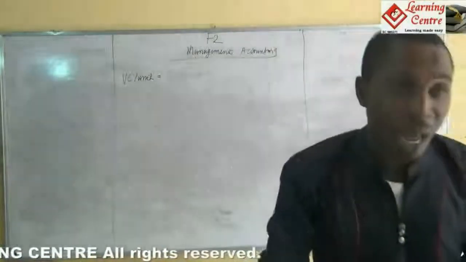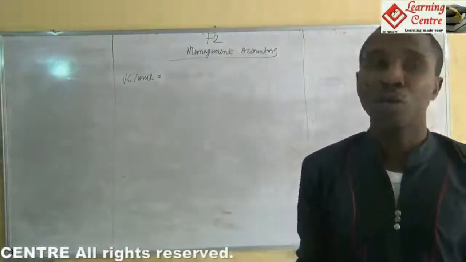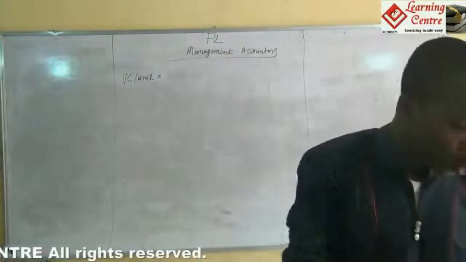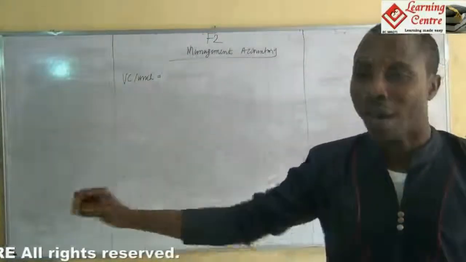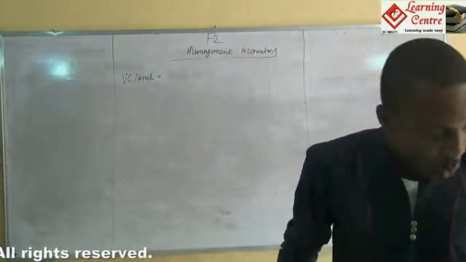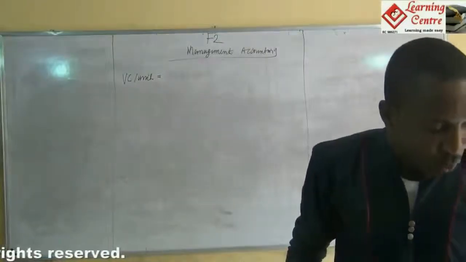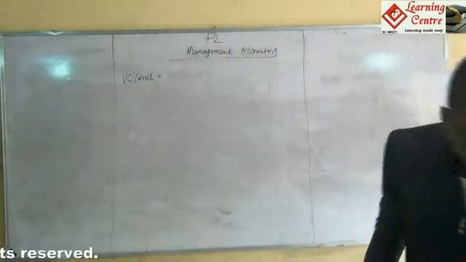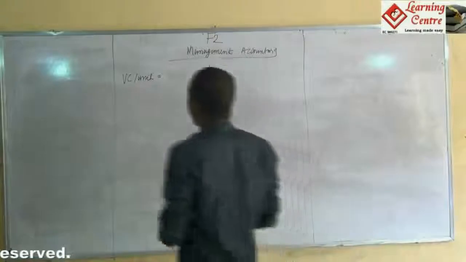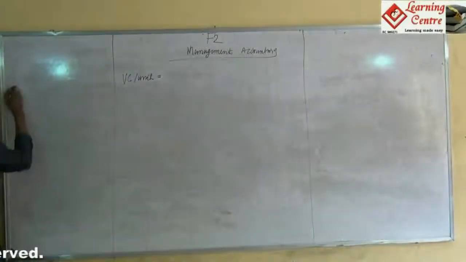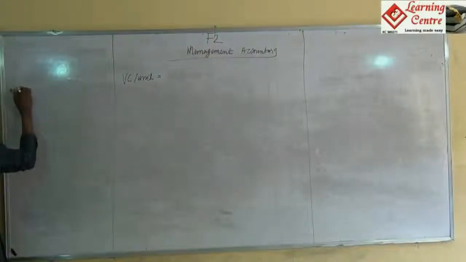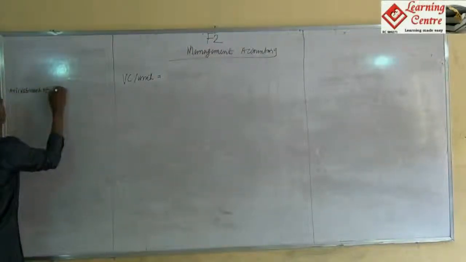We understand that the 4,700 is embedded in that cost, so we need to remove it. I subtract 4,700, so we say adjustment of cost.